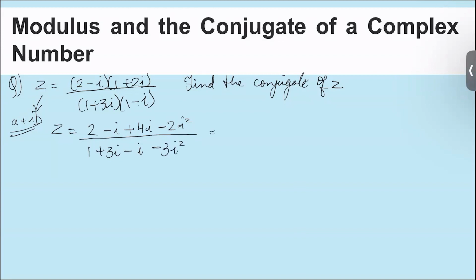Okay, since we know i squared is equal to minus 1, this actually becomes plus 2. So 2 plus 2, you have 4, and you have plus 3i upon, over here again, since i squared is equal to minus 1, this becomes plus 3. So 3 plus 1, 4, and this becomes plus 2i.